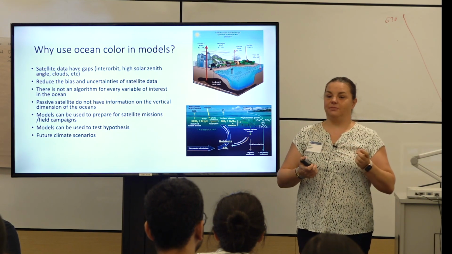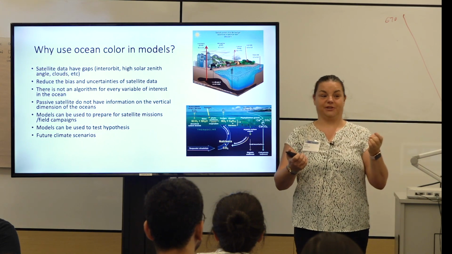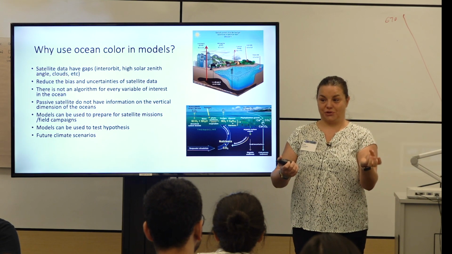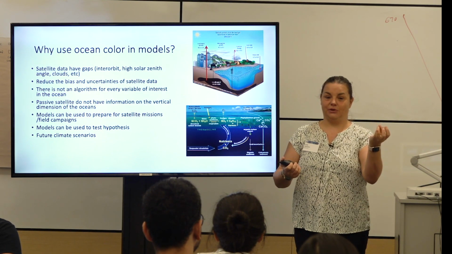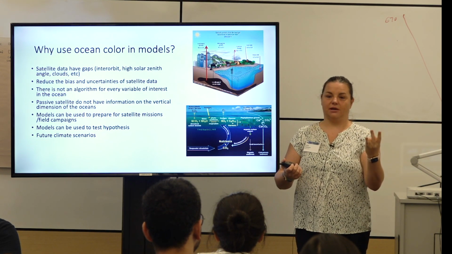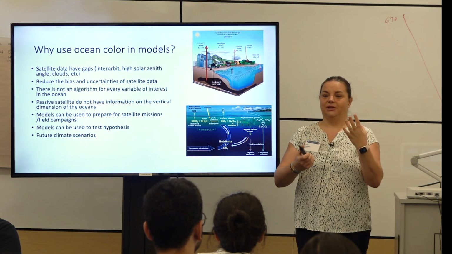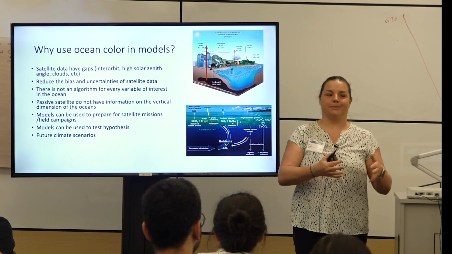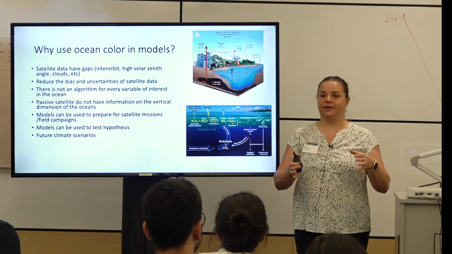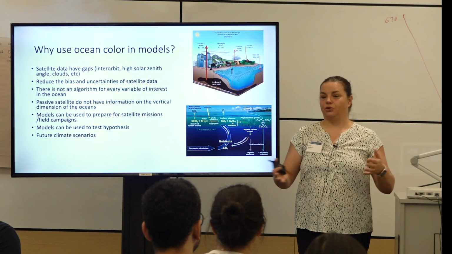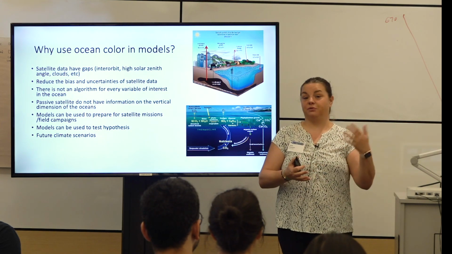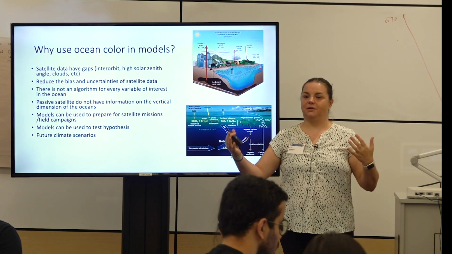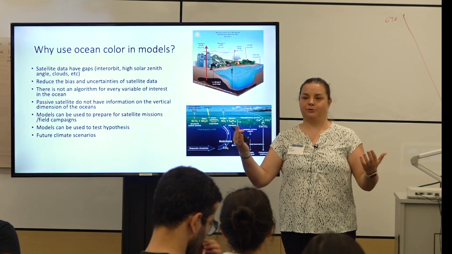So if you end up trying to look at the Southern Ocean, for example, and you just use satellite ocean color data, you will be looking at 6 months, a year of data. And so you are really not looking at a seasonal variability. You are really looking at what happens in summer, spring, but you don't know what the rest of your year is.